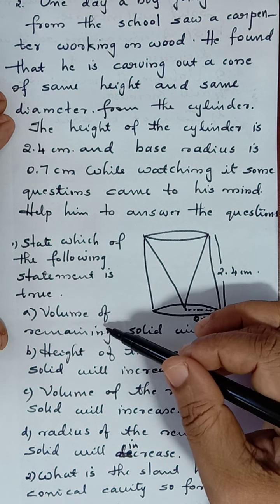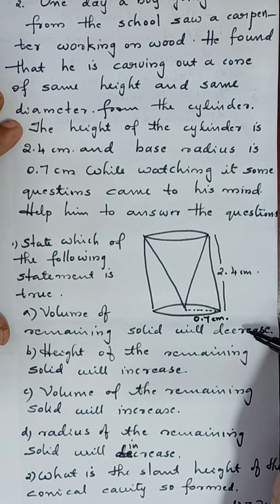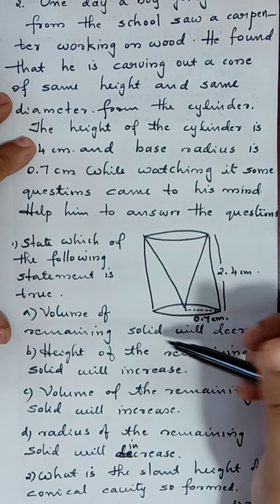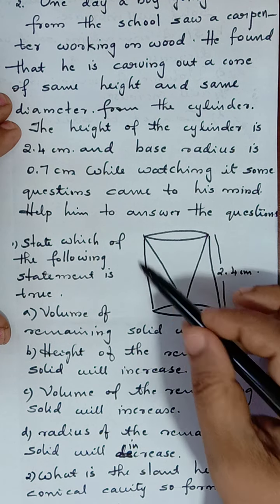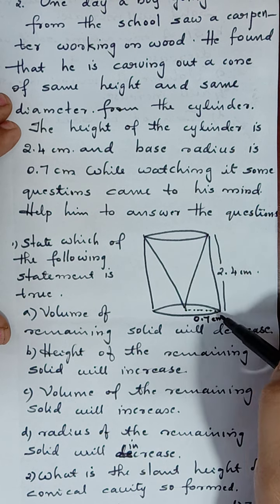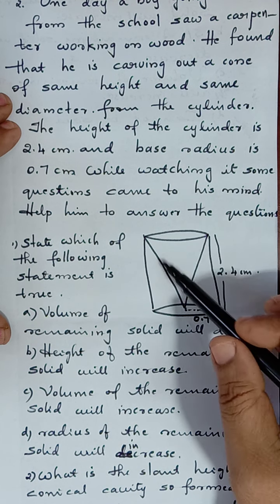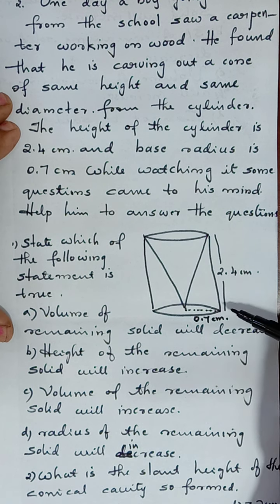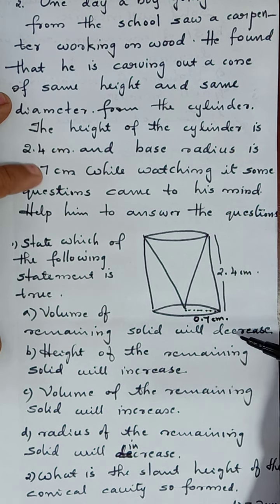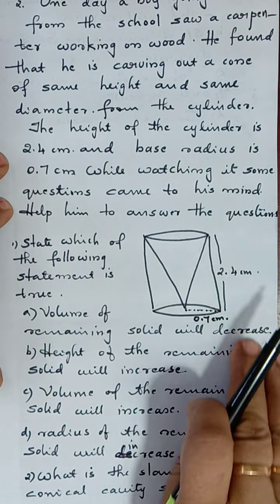So actually volume of the remaining will be less than that of the original volume. Original volume means it is the complete volume of the cylinder. After removal of this cone, volume of the remaining part will decrease. That's a sure point. Actually, this is correct.